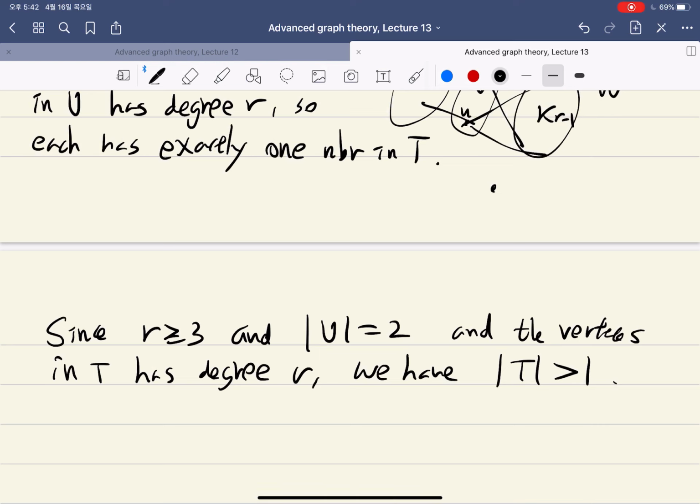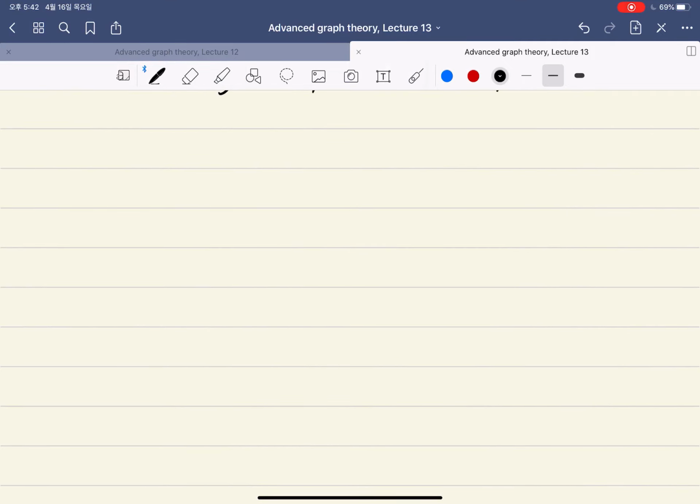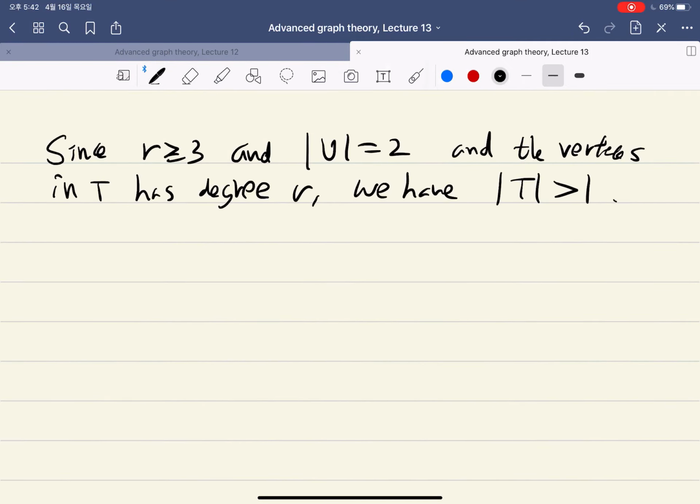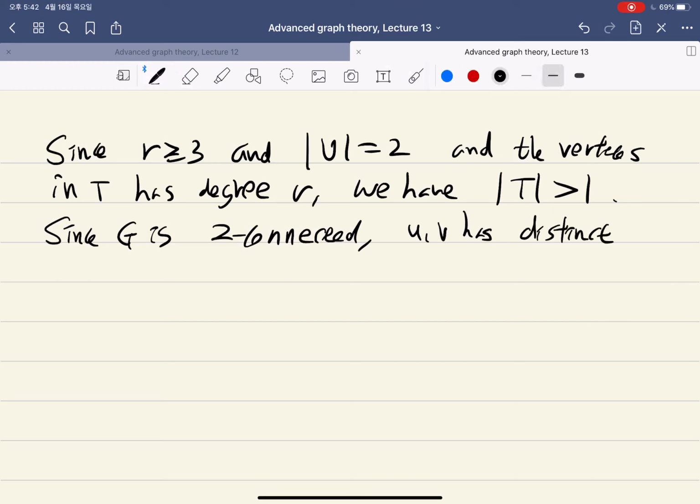If T has 1 vertex and then U, then this has degree 2, which is a contradiction. So T has more than 1 vertex. And also, G is 2-connected. So U and V have different, distinct neighbors in T.